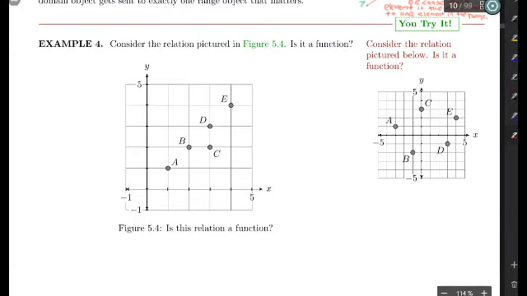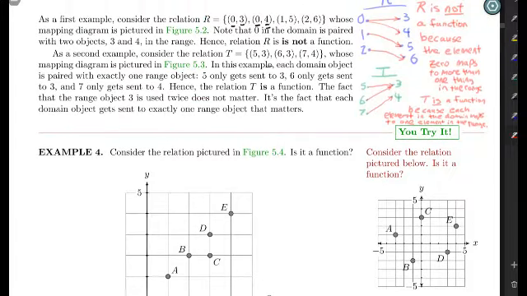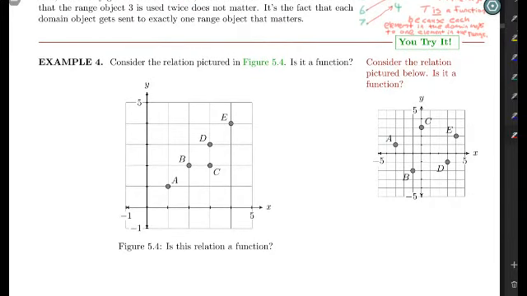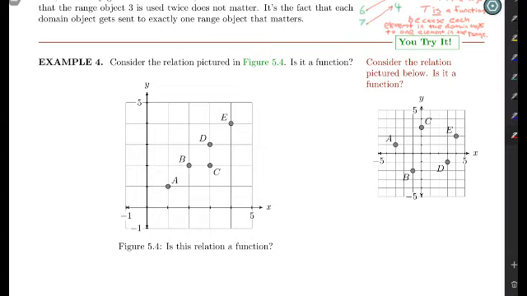So let's see here. Is this relation, it's a relation. It's 5 ordered pairs. So is this relation a function?